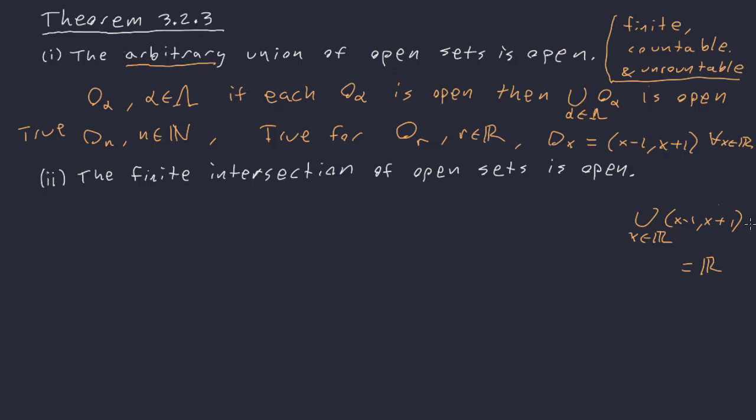Because we're just taking a distance 2 around every element x and unioning them all up together. And so you'd end up with a bunch of overlap here, right? And you're basically just unioning all those up together. Eventually you'll get the entire real line. Okay, so that's essentially what part 1 is saying.